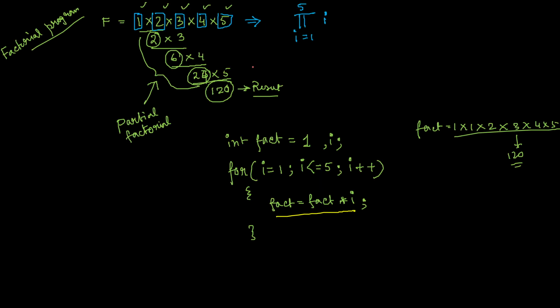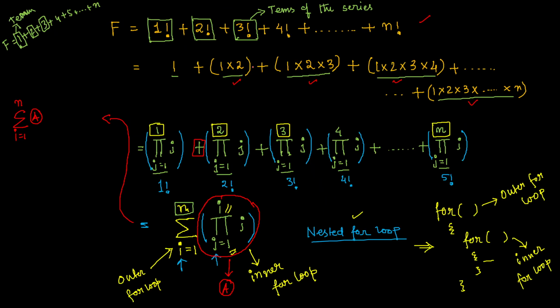To do this, the first thing you have to do is realize how we can represent an entire series using only a simple mathematical formulation. When you are able to do this, you will realize how many variables are required, how many for loops are required, whether it is a nested for loop, and if it is, which one is for inner and which one is for outer, and everything.